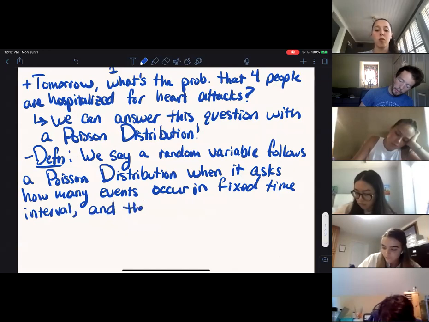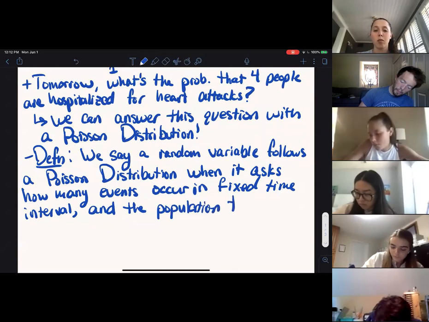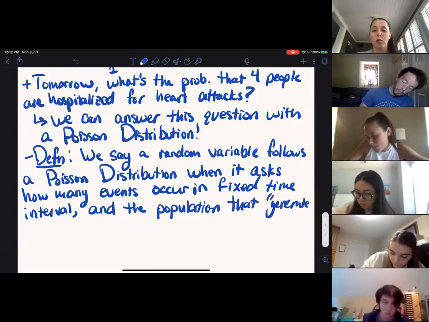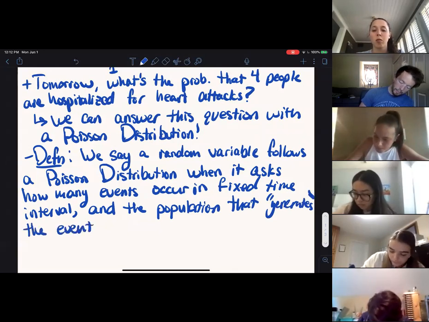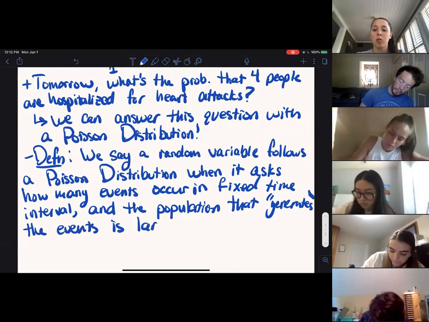And the population that generates the events is large.